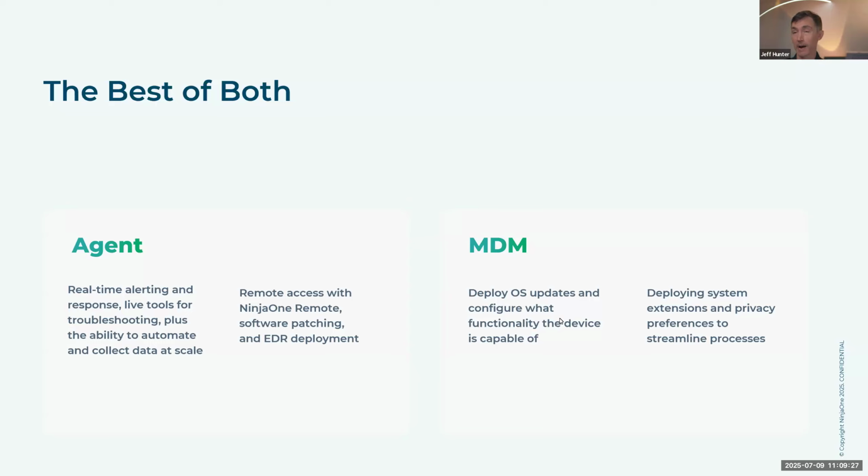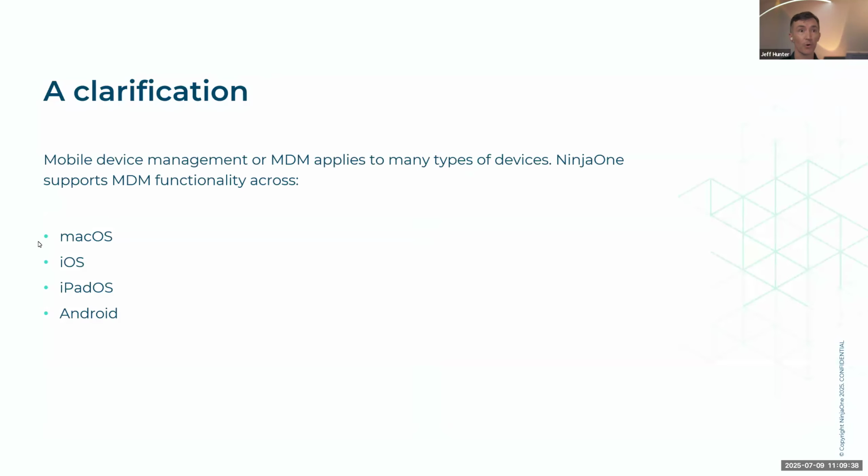And I already see a couple of questions here that I wanted to address. I see a question here. Is this working for iPads as well? And yes, it absolutely is working for iPads. Mobile device management, or MDM, is something that applies to many different devices.